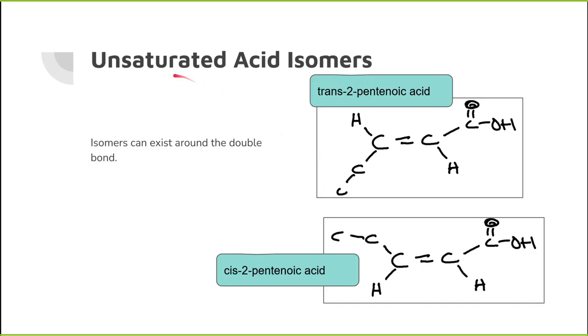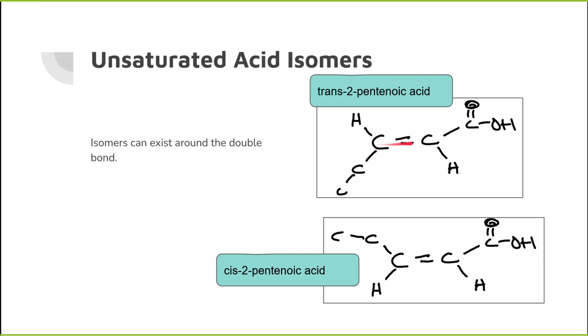All right, when you have unsaturated carboxylic acids, then you have the opportunity for isomers and so stereoisomers. So you can have cis and trans configurations here. So here we've got 5 carbons, 1, 2, 3, 4, 5, but there's a double bond in here.